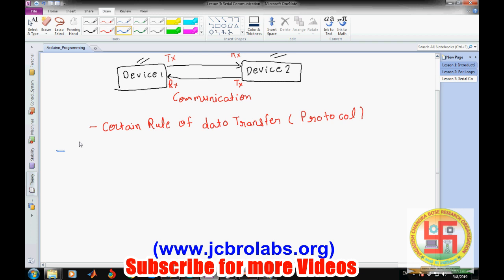Other than that, there are several other communication protocols as well, like the SPI interface, I2C, and several others. In this video, first we will look at the simple communication protocol known as USART, Universal Synchronous Asynchronous Receiver Transmitter. This protocol is also known as serial communication.